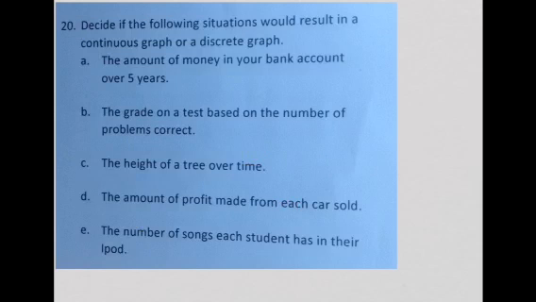Alright, so number 20 is asking you to distinguish between a continuous and a discrete graph. Remember, discrete is a graph that is made up of disconnected points, whereas continuous, like the word says, is like that. So the amount of money in your bank account over 5 years, that one would be considered continuous because it fluctuates, right?